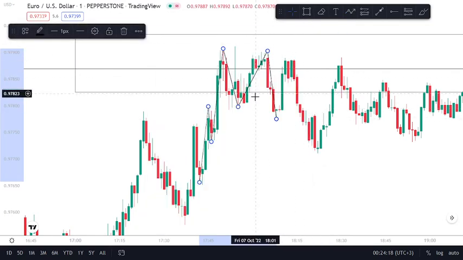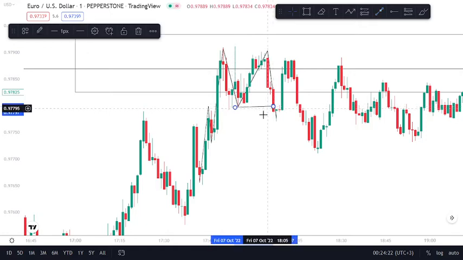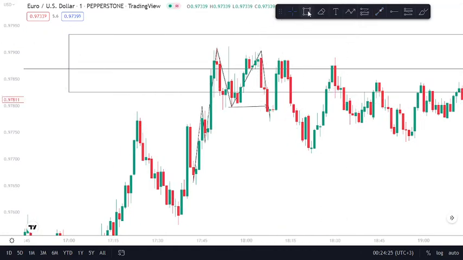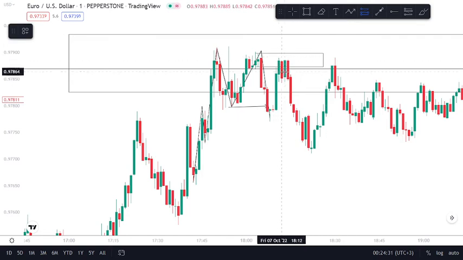So we all know that if a market breaks this last low like this, we target the last supply or demand zone, which is the one that we choose as an entry point.